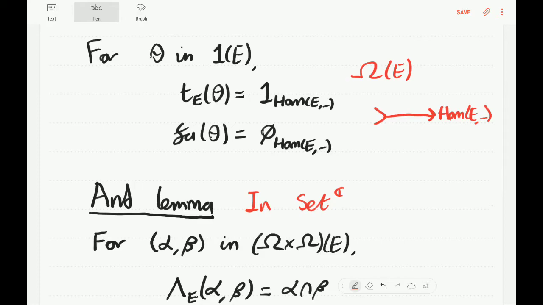But essentially, an element of omega of E, the actual thing it corresponds to over here is theta under arrow star. That's really the sub-object of Hom(E, -) that it's corresponding to.